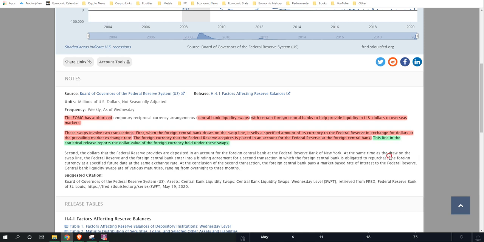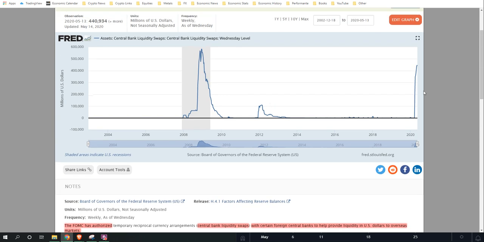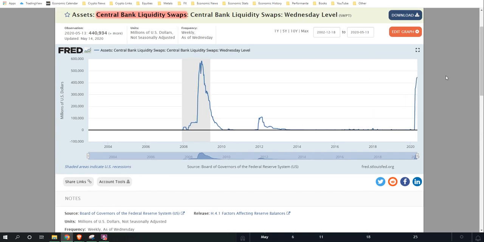So let's keep on reading here. The line in the statistical release reports the dollar value of foreign currency held under these swaps. So what does this show? It shows the amount of assets that the Federal Reserve has in foreign central bank accounts. So in 2008, a lot of central banks needed a liquidity provider for United States dollars.